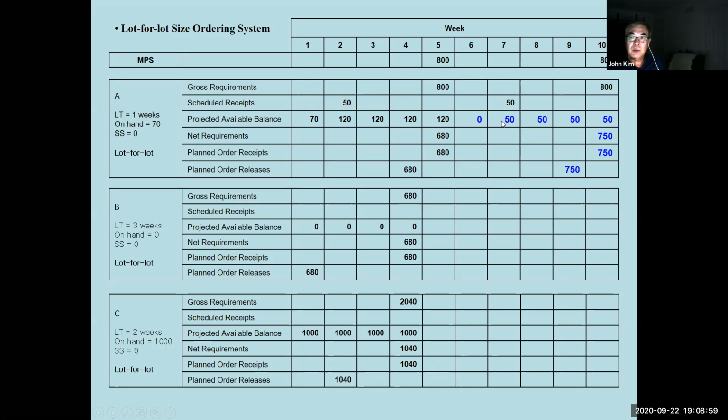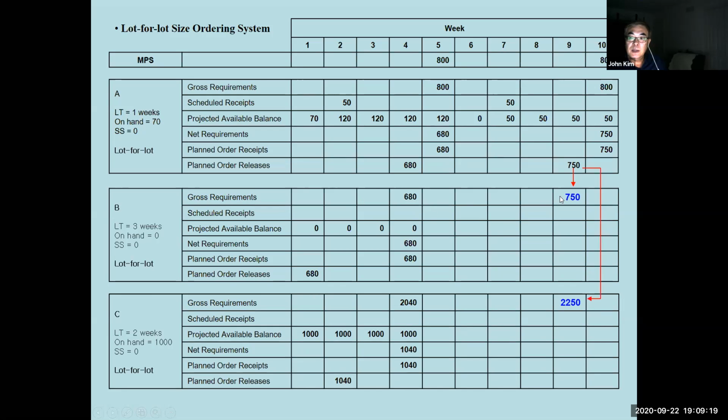And then receive 50, and then 50, 50, 50. 800 needed, 50 available, need 750 more. That is the requirement, place order, and then receive at that time, place order 1 week earlier. Then part B, 750 here to meet this kind of due date.